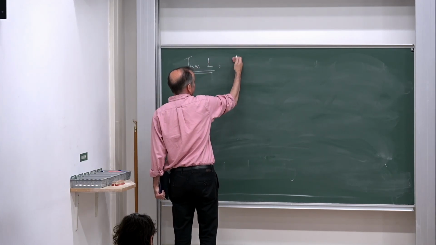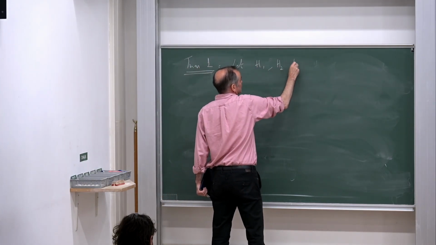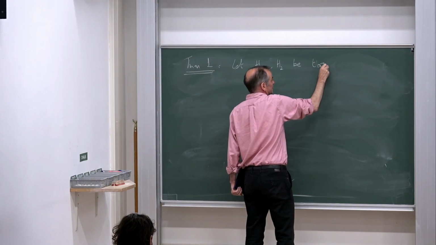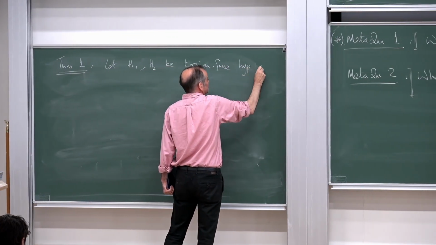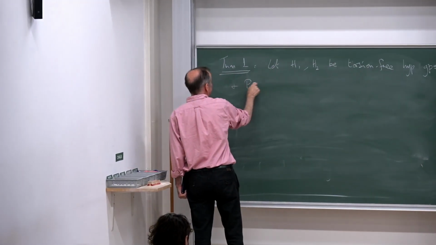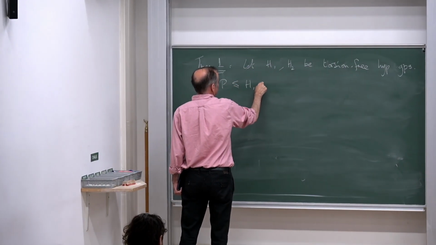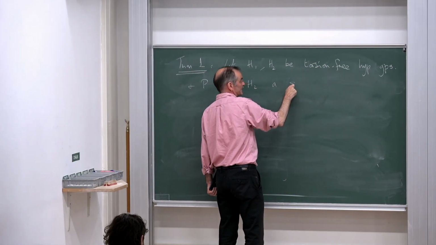First theorem: let H1 and H2 be torsion-free hyperbolic groups, and P in H1 cross H2 a full subdirect product.